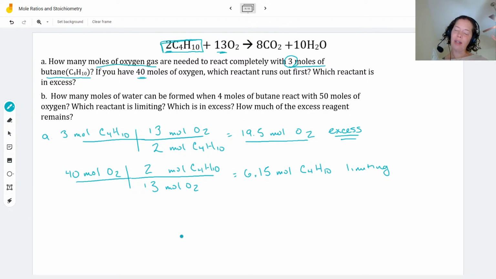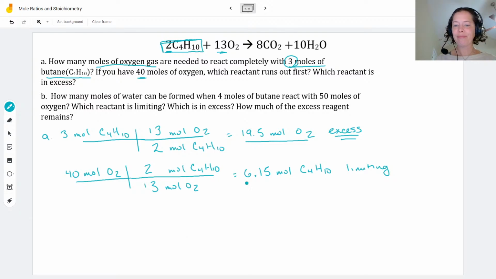So just another tip off the top of my head, when you're doing these problems, make sure that you label your limiting reactant really, really clearly, because you don't want to go through all this work, correctly identify your limiting reactant, and then, oops, I used my moles of my excess reagent, because that's going to give you the wrong answer. So just make sure, however you think of it, make sure you know which one is limiting and you write it down.